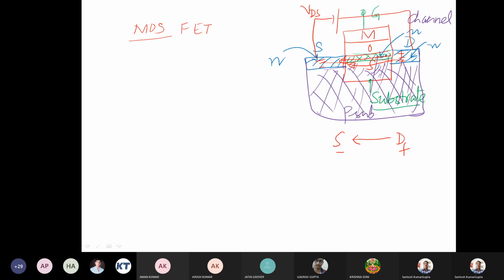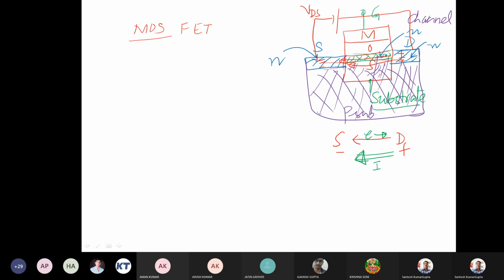Because of this, the charge carriers inside the channel feel a force opposite to the electric field, and they start moving from source to drain. The direction of the current is opposite to that of the electron flow, so the current direction is from drain to source. That is how the current can be established between drain and source.